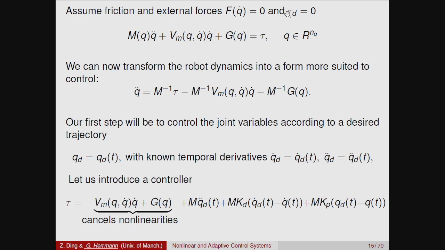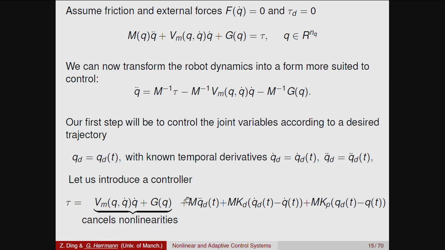Because tau affects all degrees of freedom here, we can in principle cancel quite easily Vm times q dot, and we can cancel easily G(q). In particular, these two terms are there to cancel these terms here.